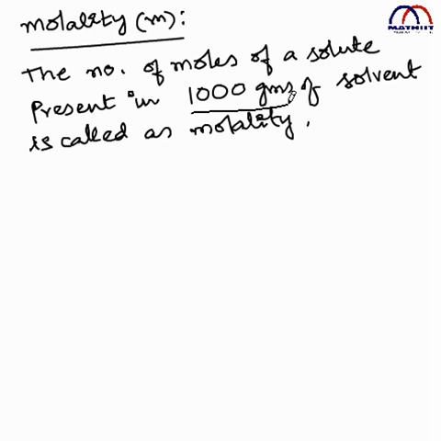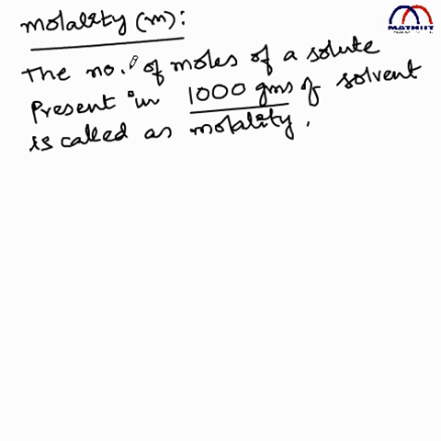Here I am underlining 1000 grams because, just like in molarity we take a fixed volume, 1 liter, and whatever moles are present in it is molarity, in the same manner in molality the fixed parameter is 1000 grams of the solvent. That was a volume, but this is a weight, remember that.